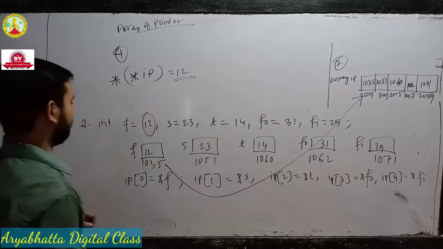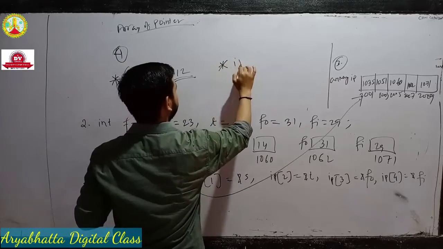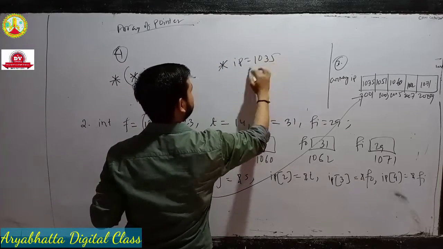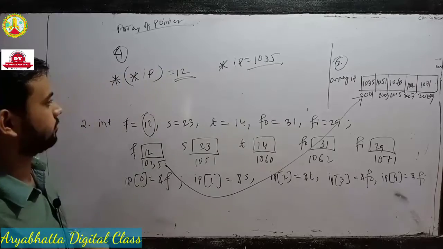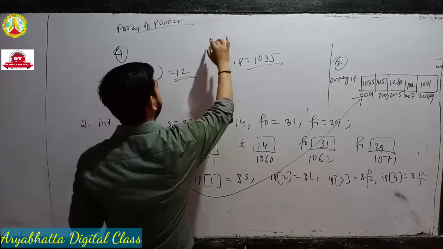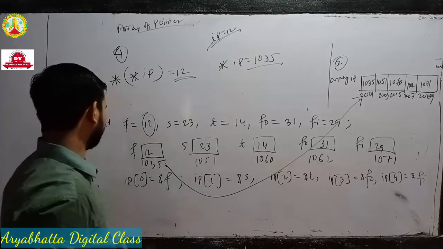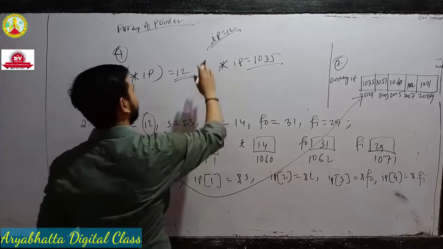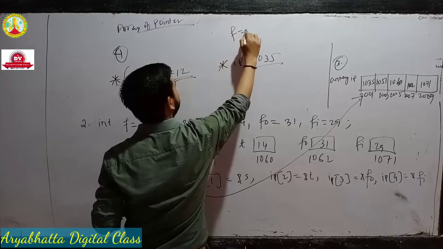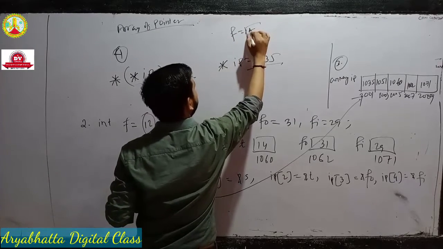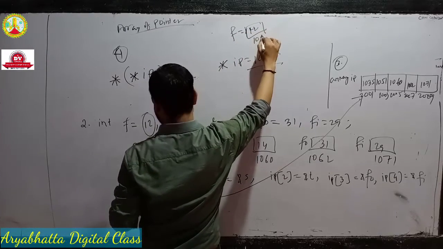If you only write star IP, then you go to this 1035. It means F is equal to 12. Again I show you, its memory address is 1035.